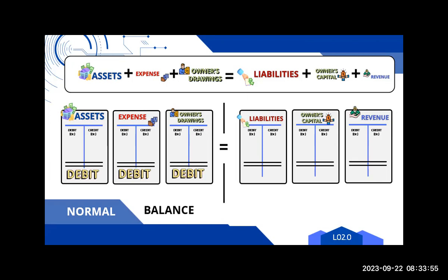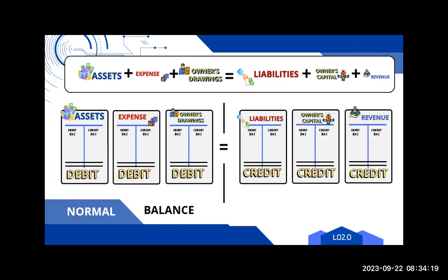So any debits to cash would mean it increases. Pero any credits to cash, it will decrease, right? So another thing is, parang for example, sa expense, so basically, if you notice, the ones on the left, ang normal balance nila will be debits. The ones on the right, their normal balance would be credits.